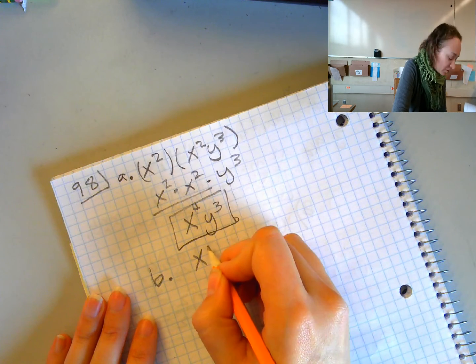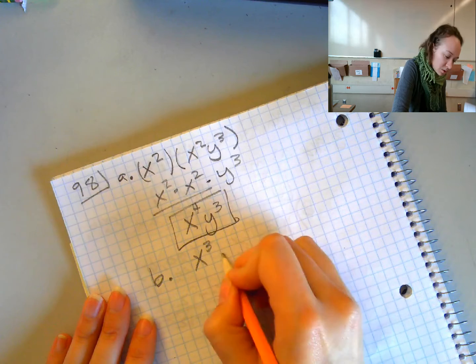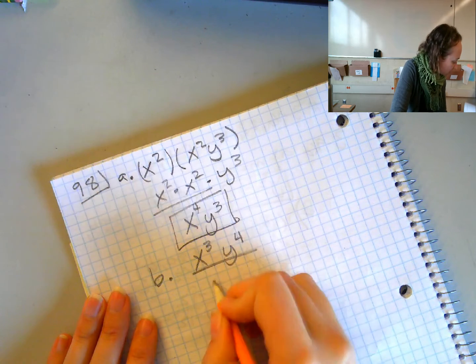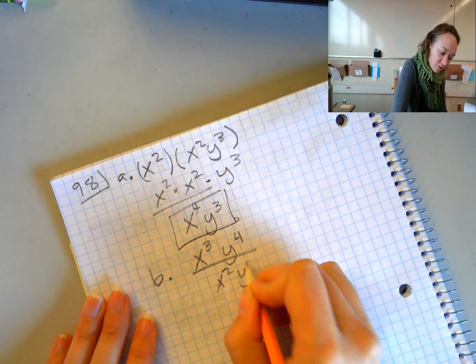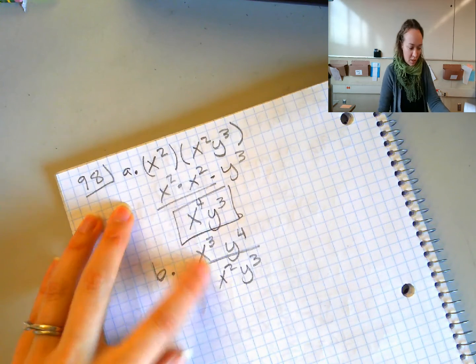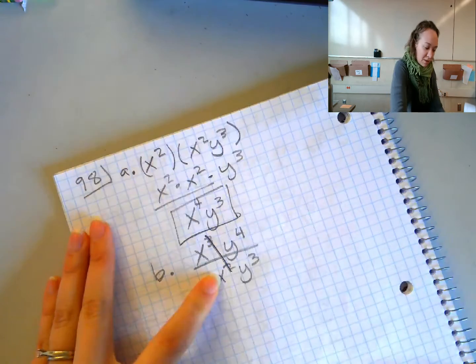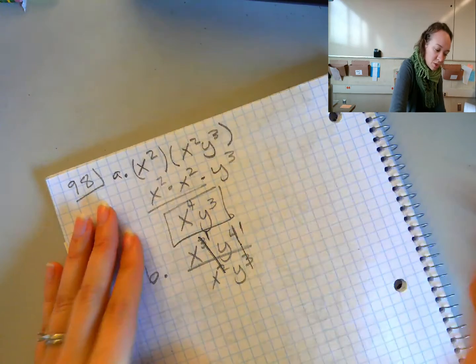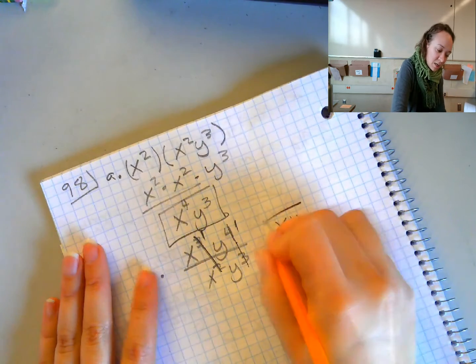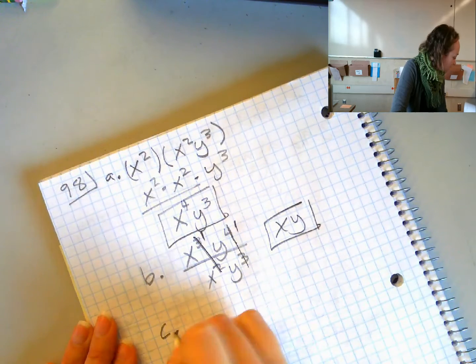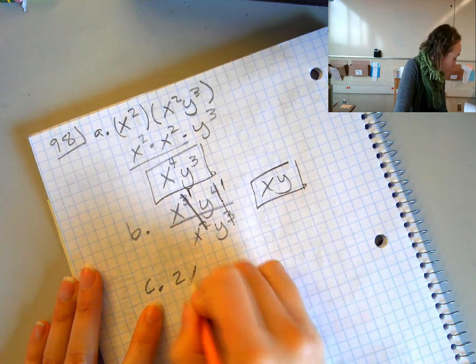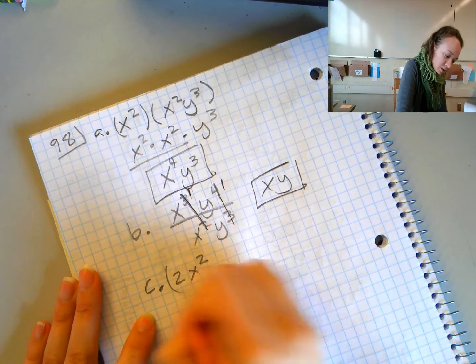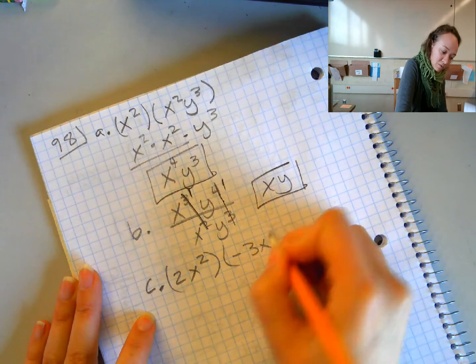We have, actually that's not true, sorry. This one was generally fine. X to the 3rd, x squared, y to the 3rd. So we have 3 up here, 2 down here. Those are going to leave me with 1 up top, y to the 4th, y to the 3rd. That'll leave me with 1 up top. So just xy.